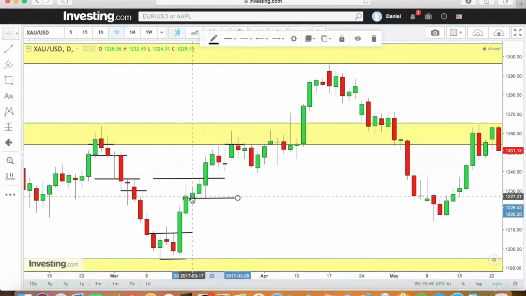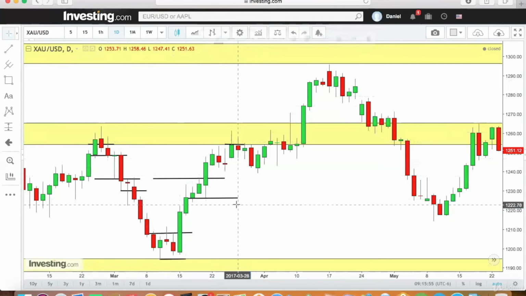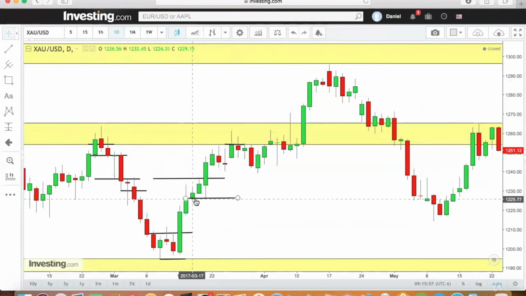Once that support was not broken to the downside and the candle has not closed to the downside of that support, and rallied back to break your resistance level again, you made your second entry. So you have one entry here at this level, another entry here at this level, and you made profits on both of those entries to the upside.